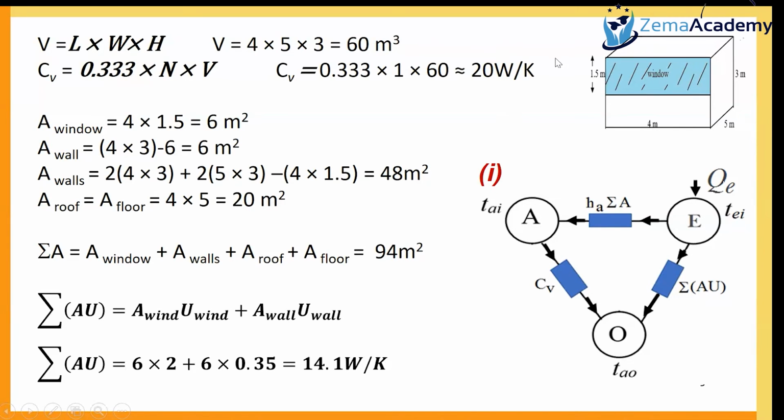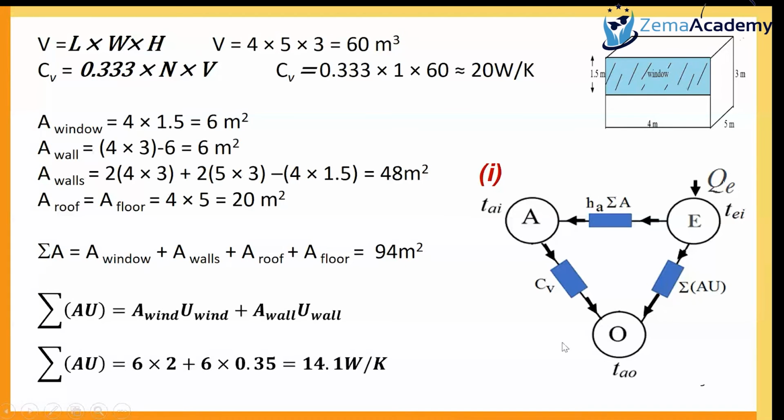Okay, I hope that till now it is very clear. By looking at this diagram, which was the first part that asked us to draw the conductance diagram, whenever you are solving problems that involve heat loss, it is necessary that you draw this diagram. Especially from an exam point of view, it's very important that you draw this diagram and label it.